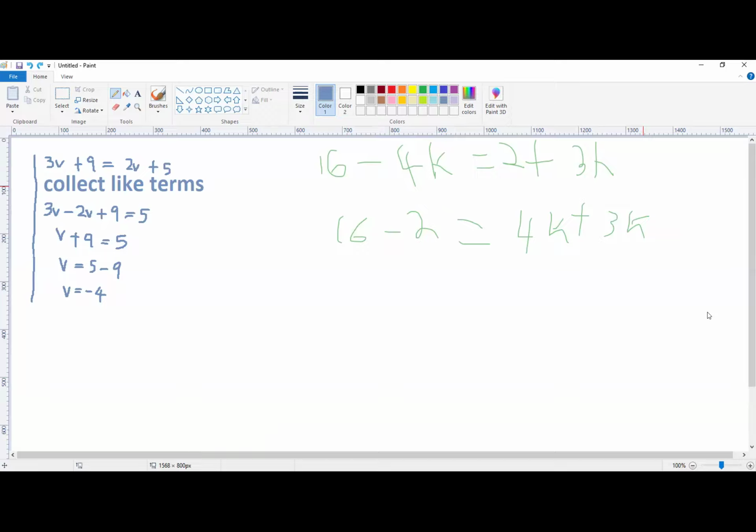So do I do the 2 take away 16? You mean the 16 take away 2? Yes, 16 take away 2, that will give you what?